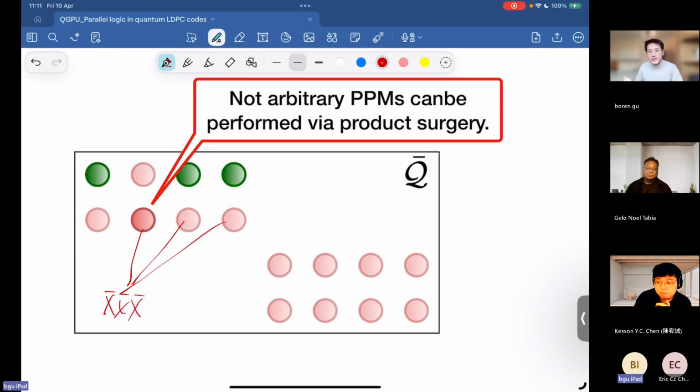Yes, but I mean, okay. So you're saying if we measure this multi-qubit joint operator, will that benefit creating logical operations? Yeah, in more qubits. I would say yes, but I'm not quite familiar with that.